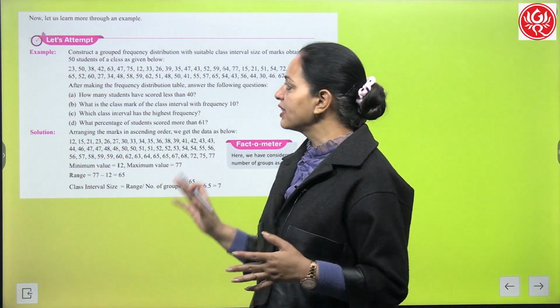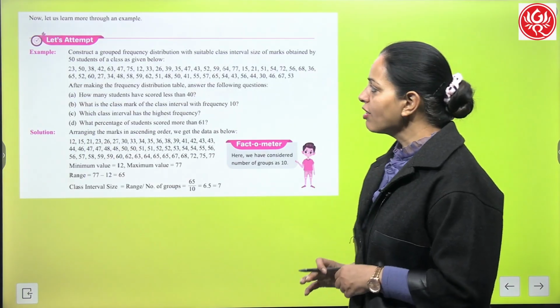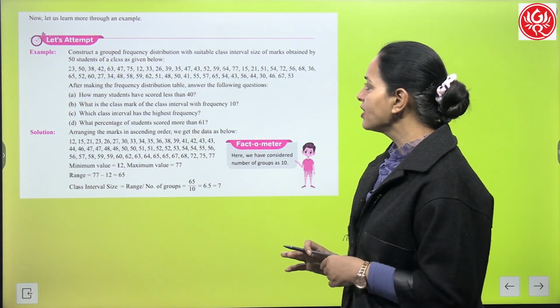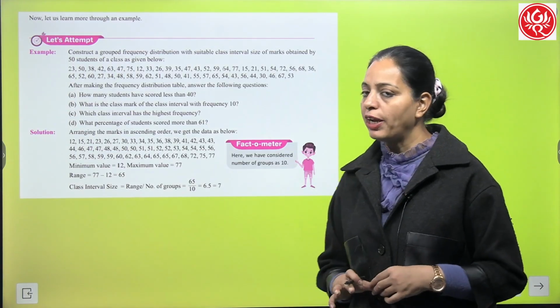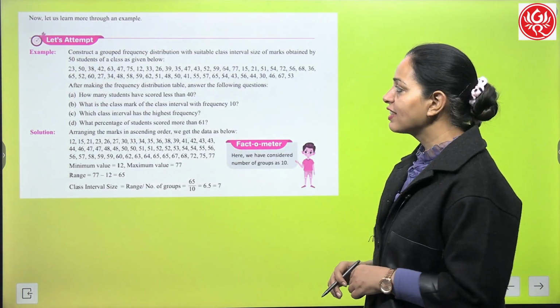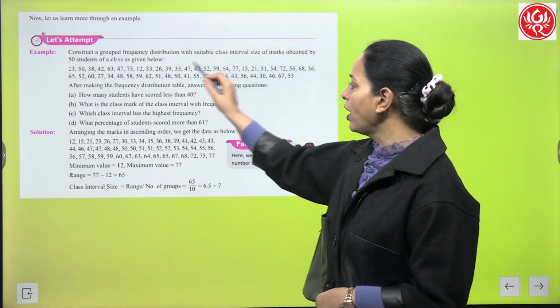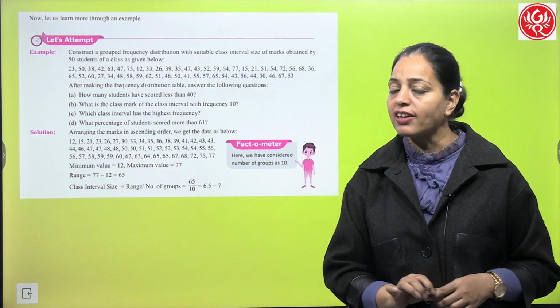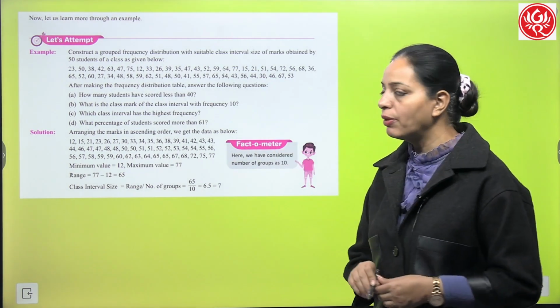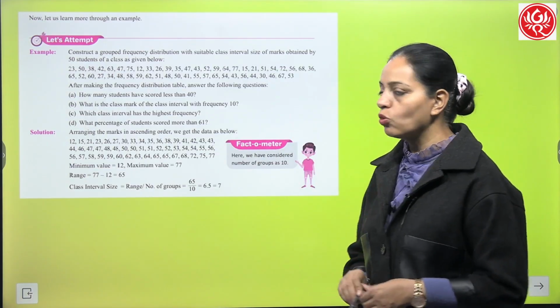See here, let us attempt an example. Construct a group frequency distribution with suitable class interval size of marks obtained by 50 students of a class as given below. So here we have 50 students' marks. So now after making the frequency distribution table, answer these questions.